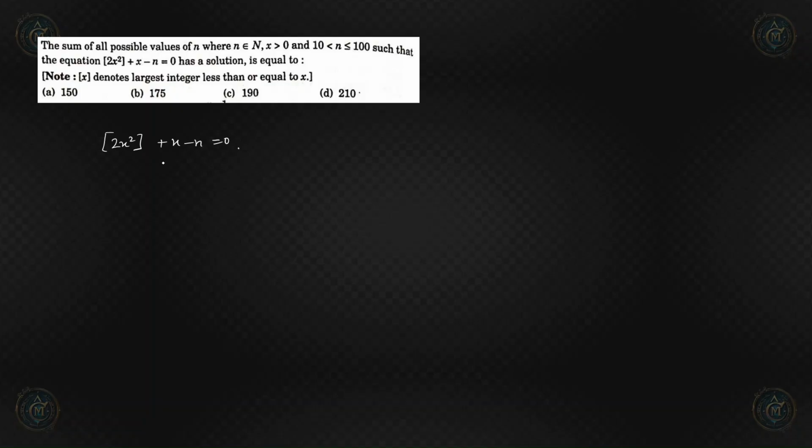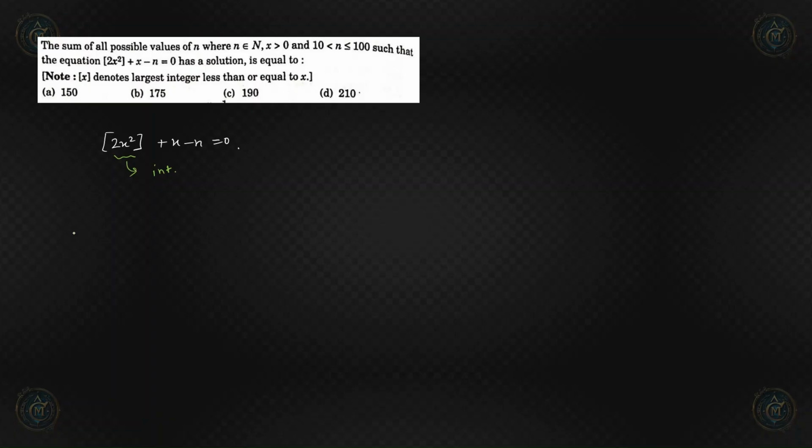Now observe a very interesting thing in this equation. If we take a look at this term here, this is an integer, right? No matter what x we feed into this function, the value this function returns to us will always be an integer, right?